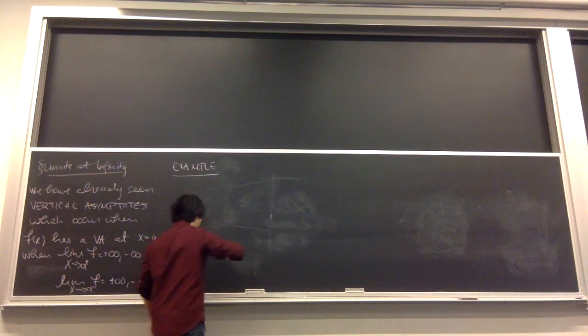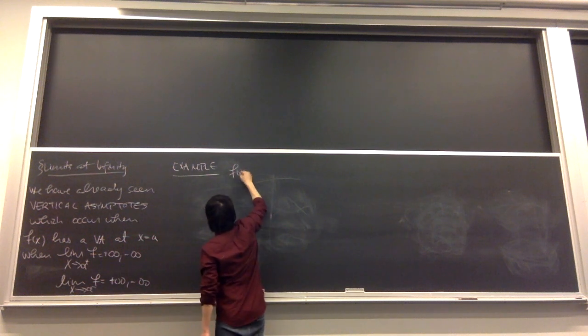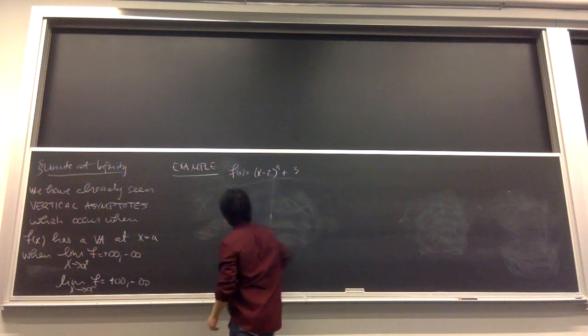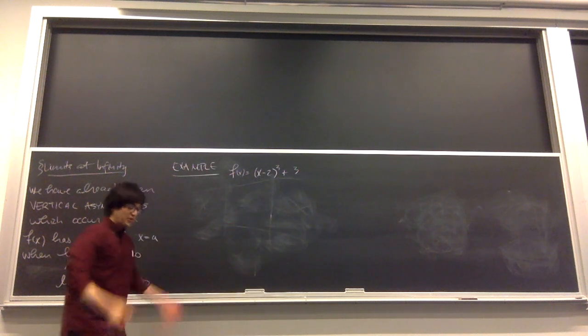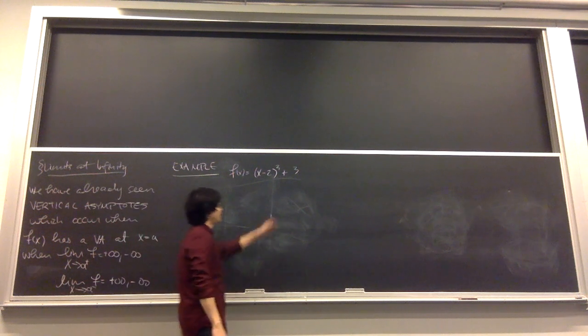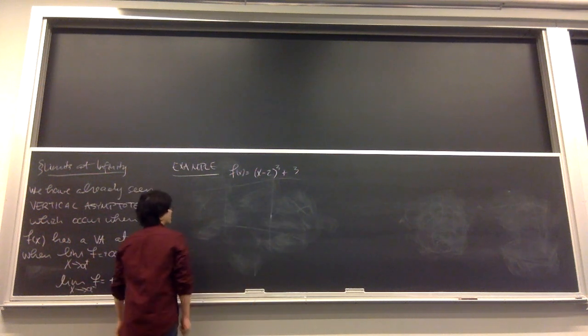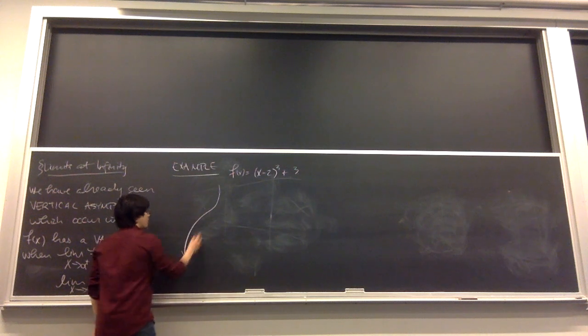Here's one that we found yesterday. I gave you this function, (x minus 2) cubed plus 3. I do that just so we don't use the same cubic over and over again. This is the standard cubic shifted 2 units to the right and 3 units up. So I draw that by just drawing the standard cubic.